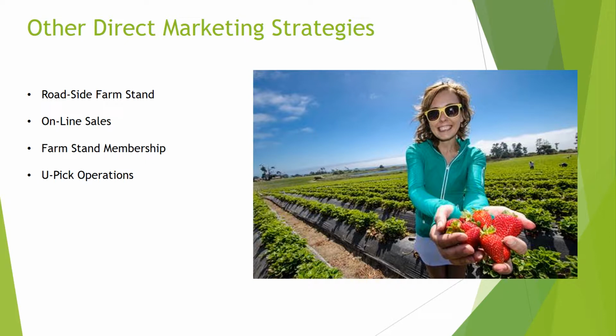And also you-pick operations. This is an interesting way where you can charge customers to come to the farm and they actually go out into the fields and pick different items and then take home the items that they harvested themselves.